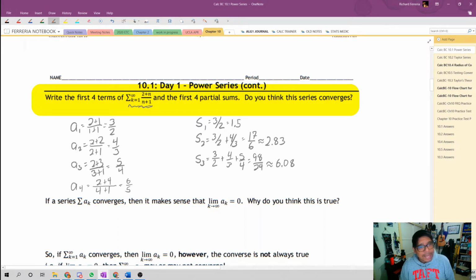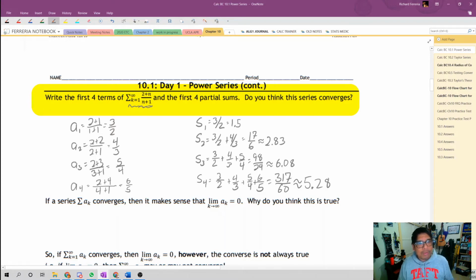And that makes the fourth sum, the sum of the first four terms, 3/2 plus 4/3 plus 5/4 plus 6 over 5. And that is exactly equal to 317 over 60, which is approximately equal to 5.28.